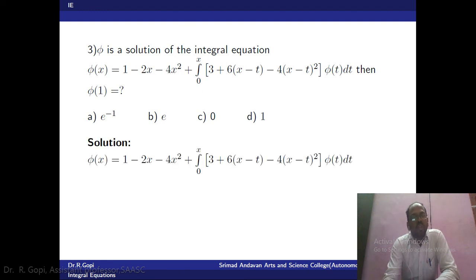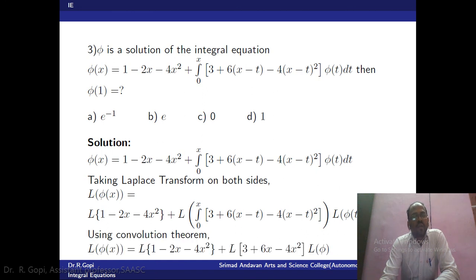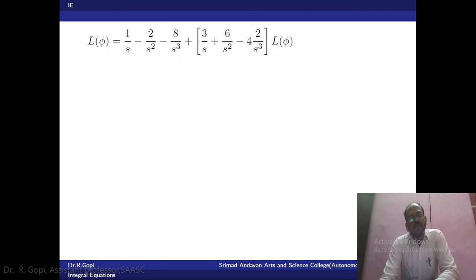So we apply the Laplace transform on both sides. Here L of phi of x equals L of the whole term plus L of the whole integrand. Using the convolution theorem, it is L of the kernel into L of phi of t, that is L of 3 plus 6x minus 4x squared into L of phi.